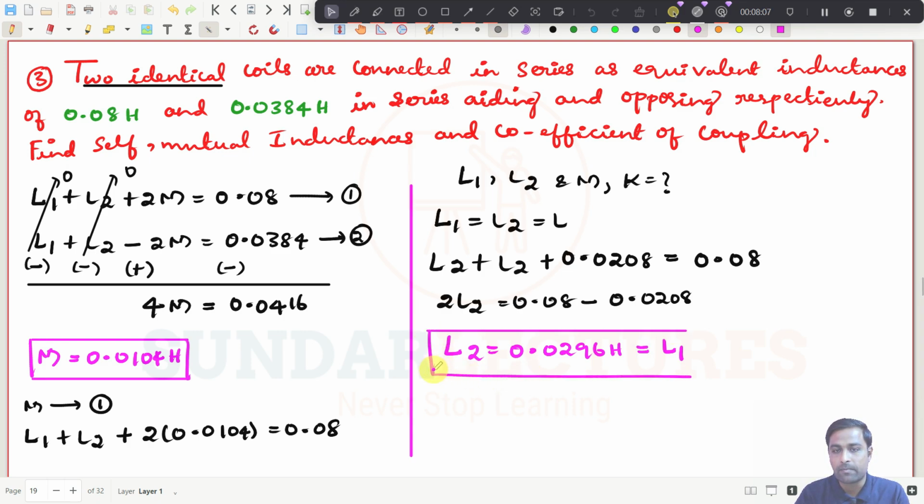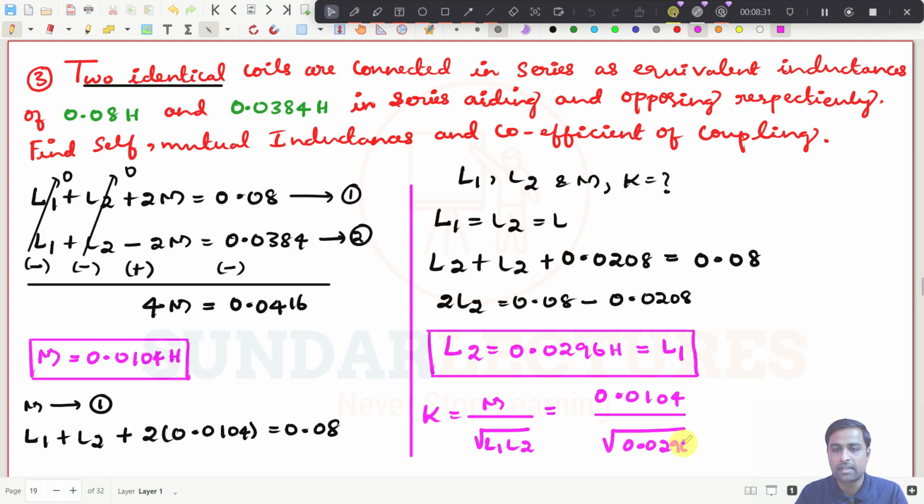And what is the other question they have asked? K. K is nothing but M divided by the square root of L1 into L2, and both values are the same here. We know M, so the value of M here is 0.0104 divided by the square root of 0.0296 squared.